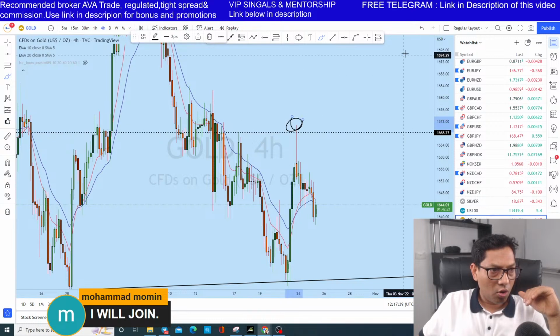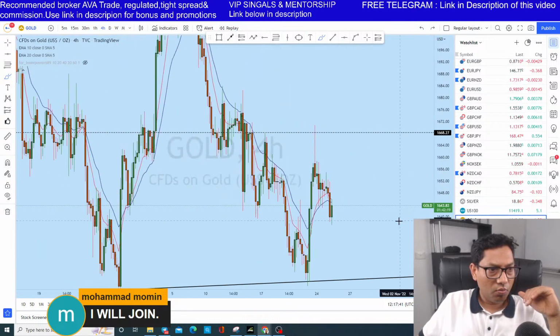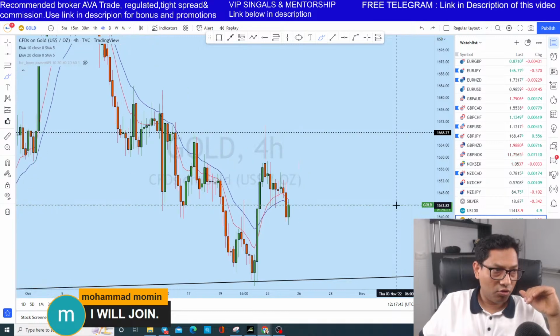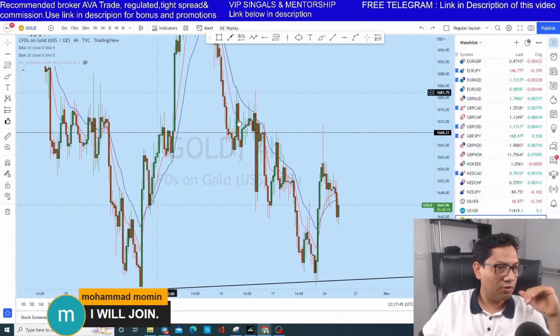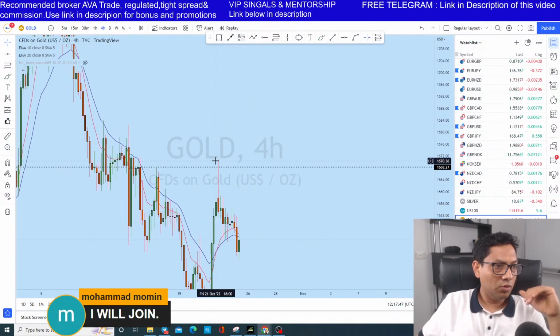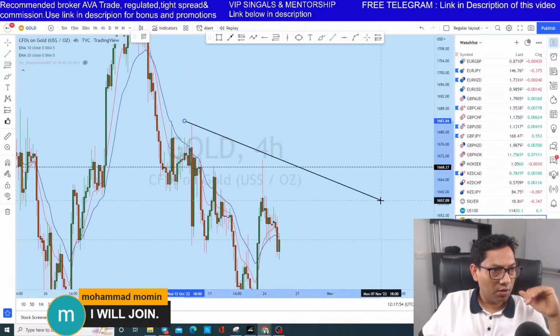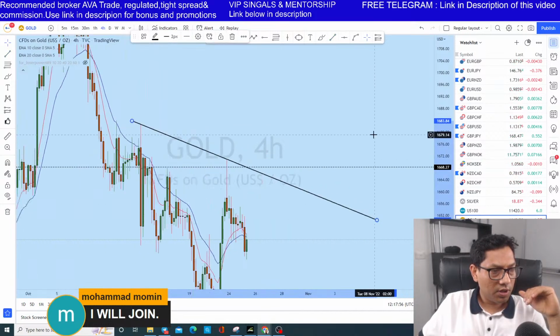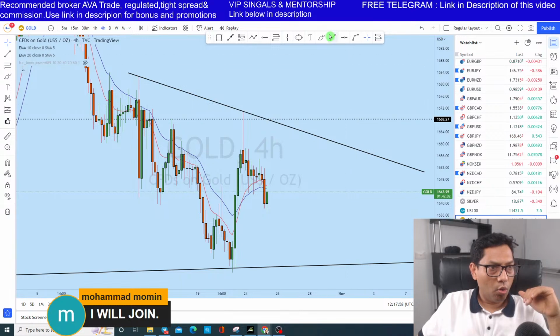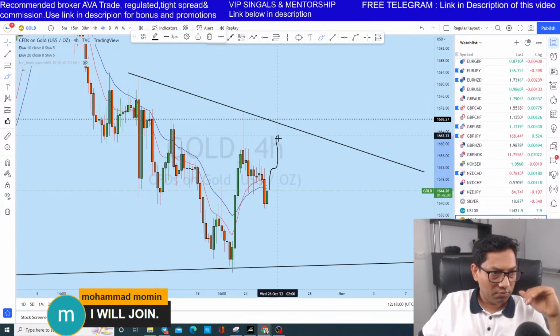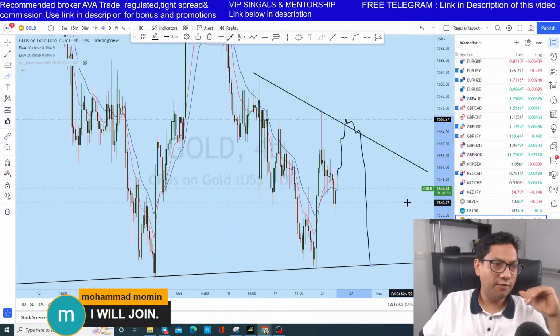After this long rejection, what I am thinking, and I also posted analysis today, is that gold will do like that. You see there is a long wick; draw a trend line with those long wicks. Gold might go up again, probably create a lower high and then come back down again.